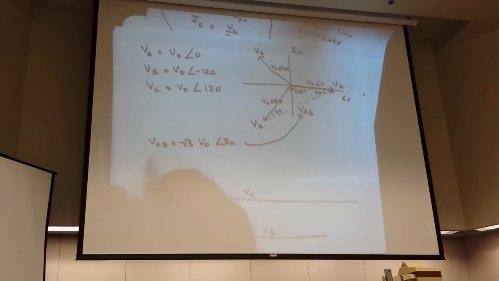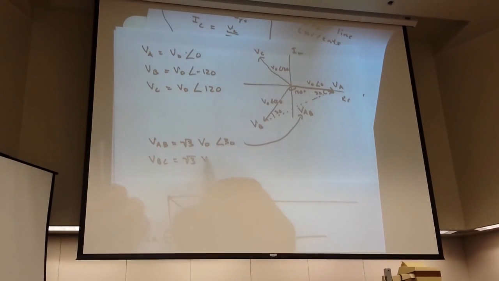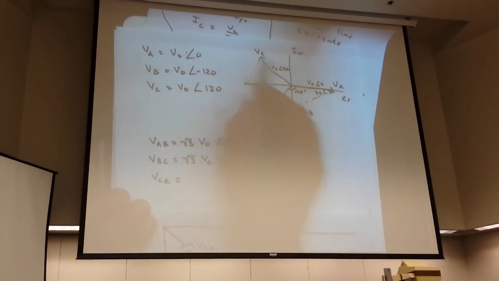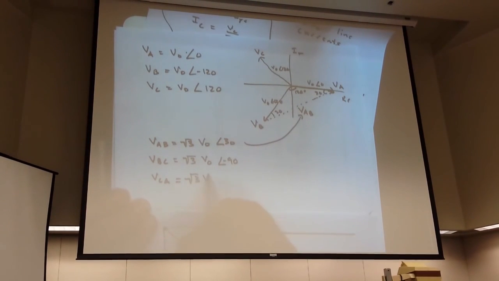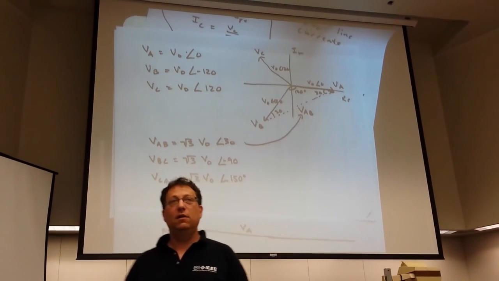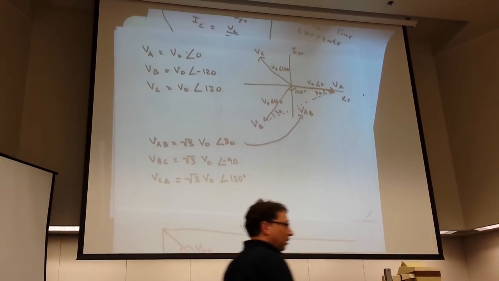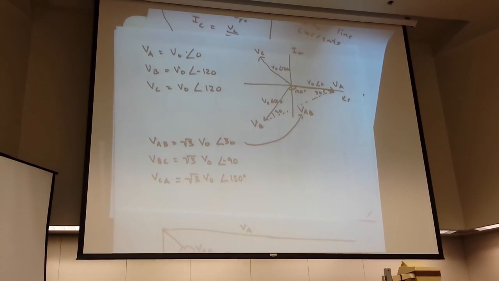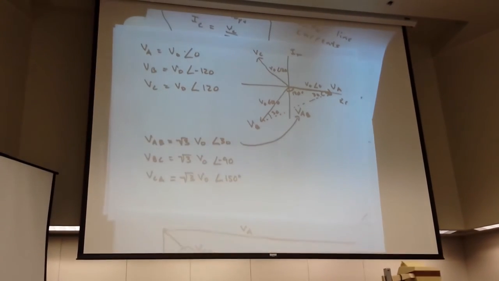And likewise, VBC, same amplitude, and it points from C to B. Square root of 3 V naught, angle minus 90 degrees. And VCA points from A to C, same amplitude, angle 150 degrees. And so there's our relationships. Once we know one of these components, namely VA, we know what everything is.